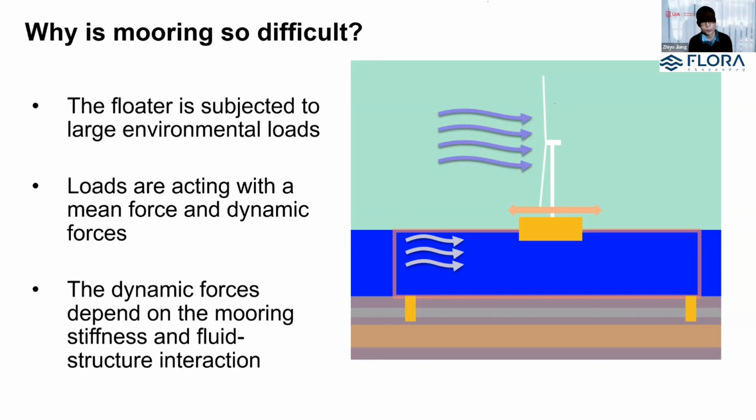It can be of first order forces, it can be of high order dynamic excitation due to second order effects. So the dynamic forces are very hard to deal with usually. It's the dynamic forces that lead to cyclic loads in the moorings and often fatigue problems associated with that.